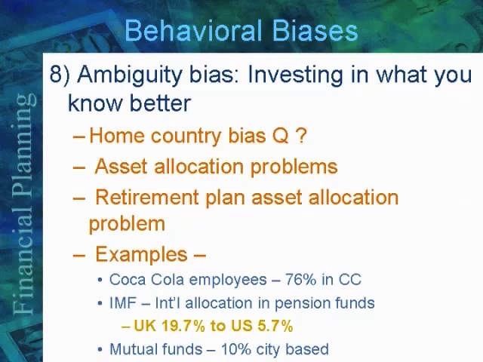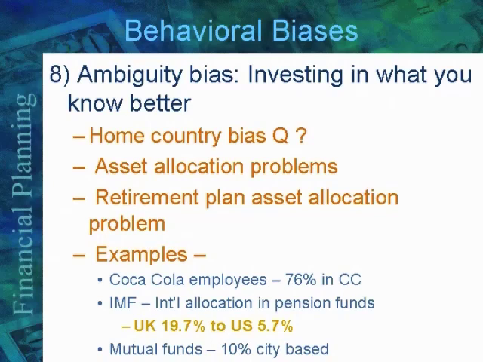Here's another very interesting observation. Mutual funds: on average, 10% of mutual fund holdings are in companies which are in the same city as the mutual fund is located. So if you're in LA, 10% of your funds' holdings will be in LA companies.